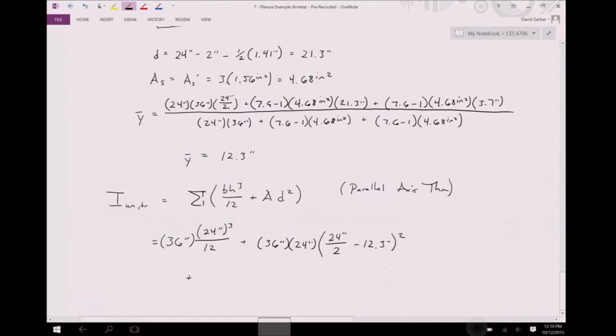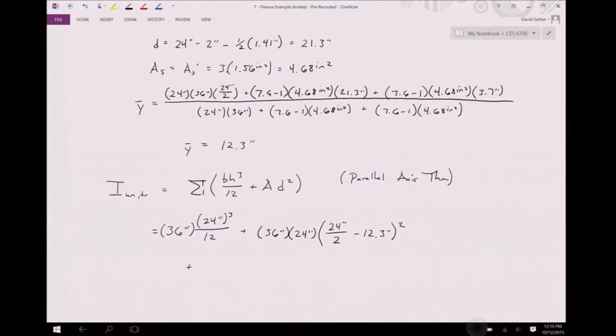Alright, so next we need to add our first steel layer. So 4.68, and we need to transform it. So we'll have 7.6 minus 1 times 4.68 times 21.3 minus 12.3 squared.